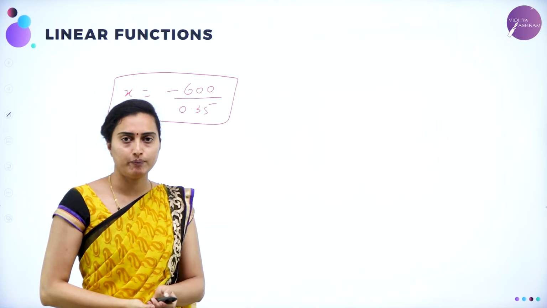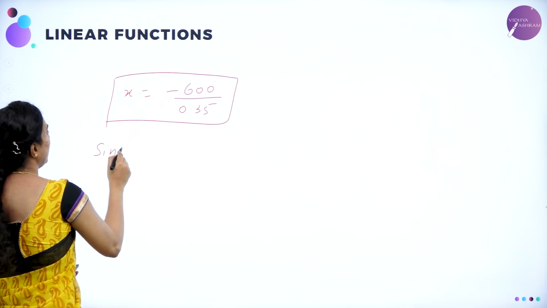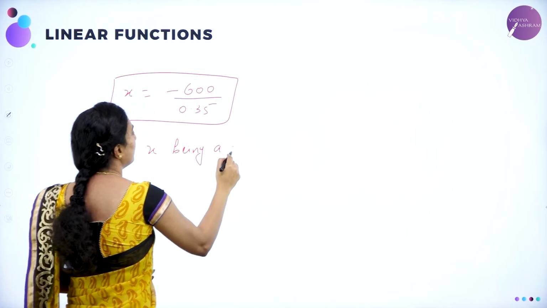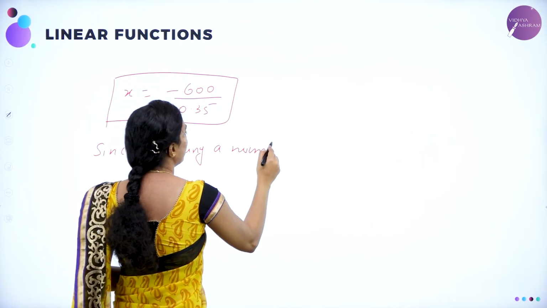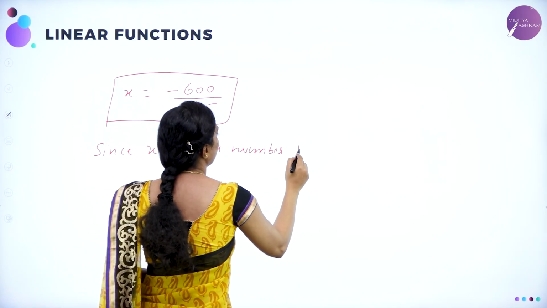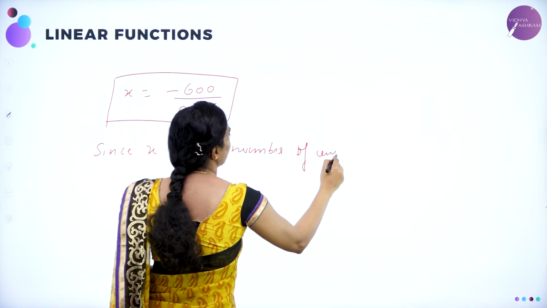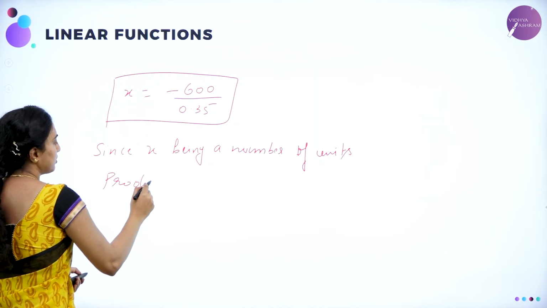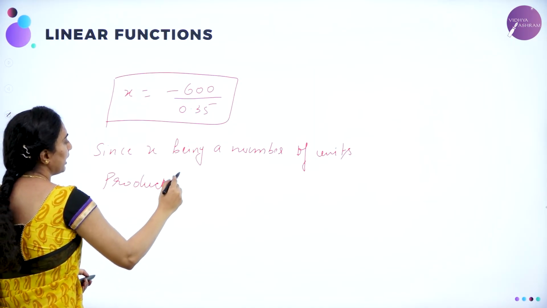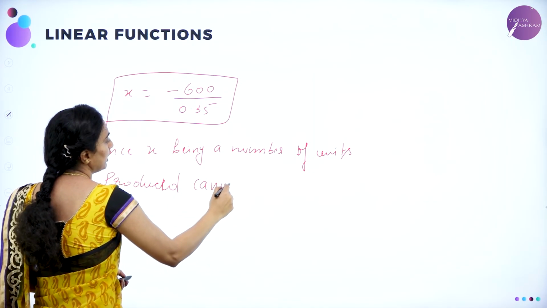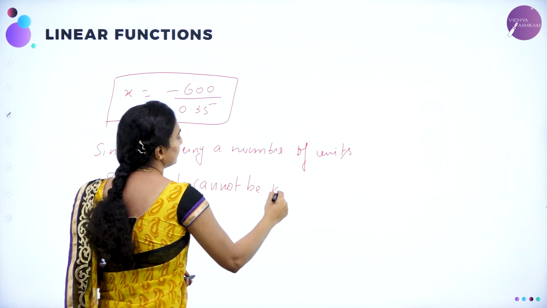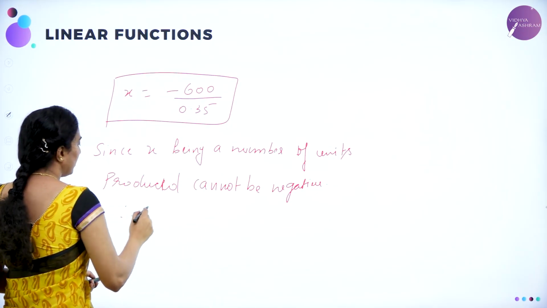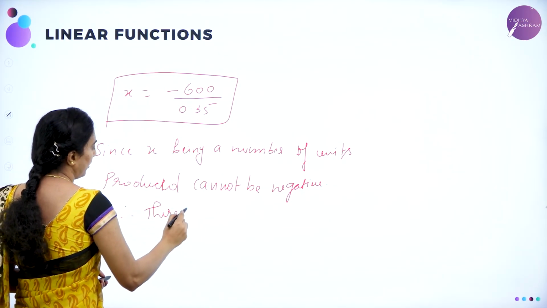Therefore, since x, being the number of units produced, cannot be negative, therefore there is no break-even point.